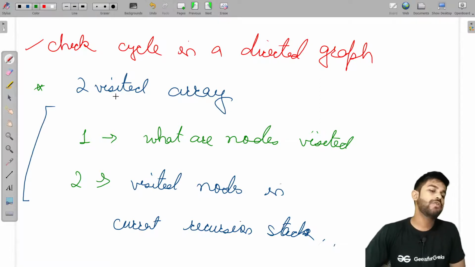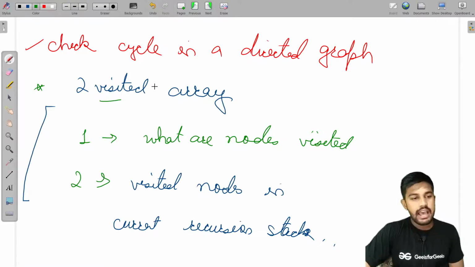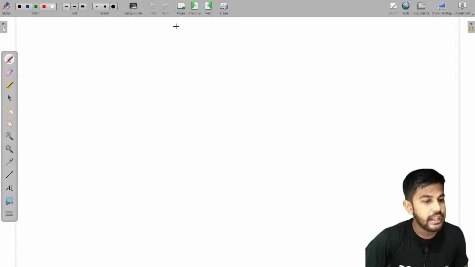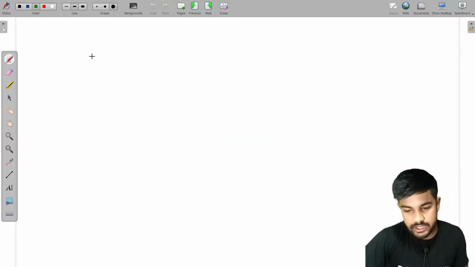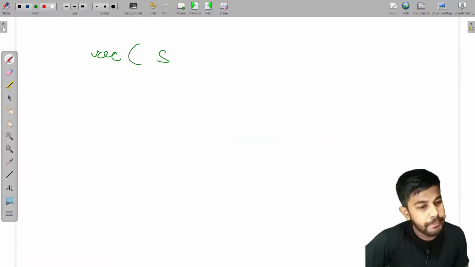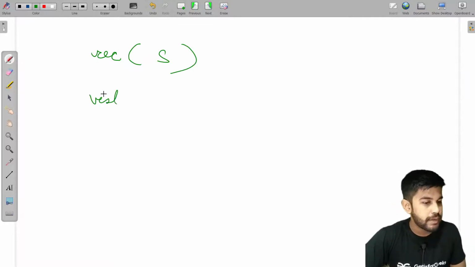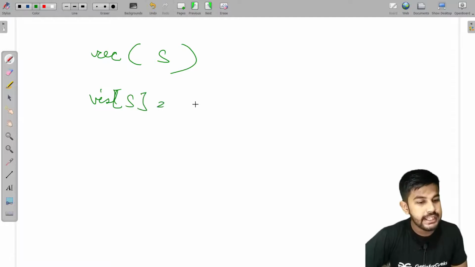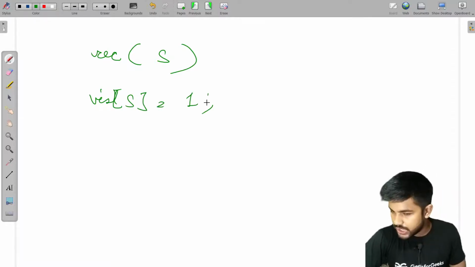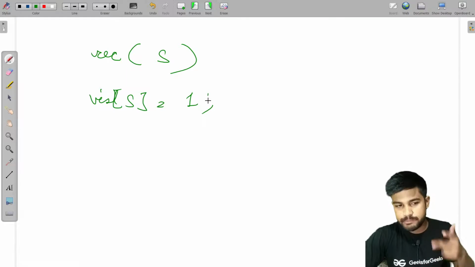Now we would be keeping two visited arrays, and the idea is quite simple. In the recursion, I would be passing a source, and at first I would mark it as visited equals true, just like the backtracking idea.